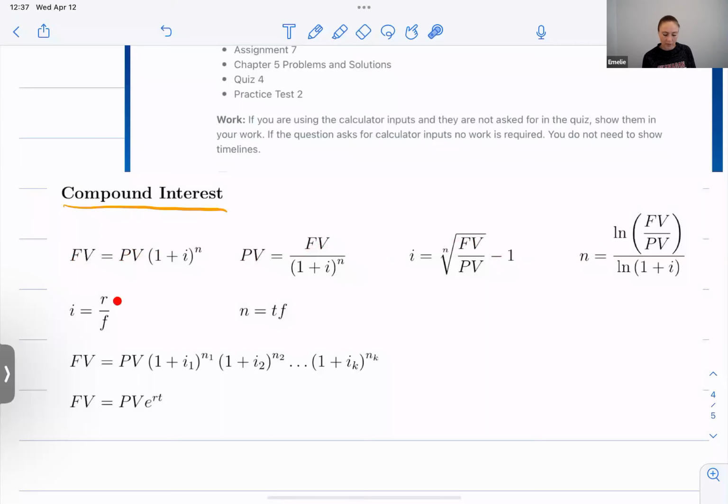This is also where we started talking about the periodic interest rate and N, which is the number of compoundings for now, and then it turns into the number of payments. These are special cases where we had a changing interest rate again: periodic interest rate I1 for N1 compoundings, periodic interest rate I2 for N2 compoundings, and so on and so forth.